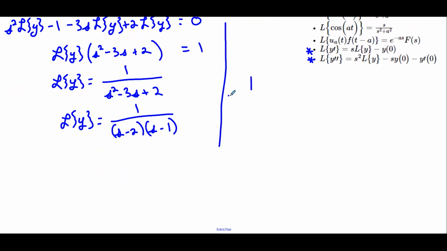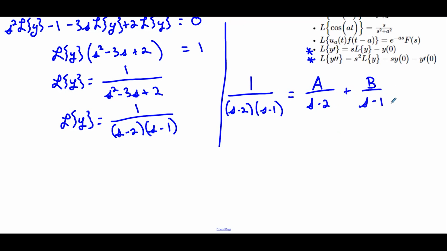So just kind of off to the side, we'll do that. So I'm just going to take this 1 over s minus 2, s minus 1. I want to set it equal to, say, A over s minus 2 plus B over s minus 1. And we just need to solve for A and B. So I'm going to multiply both sides by this denominator. That'll leave me with 1 on the left side.